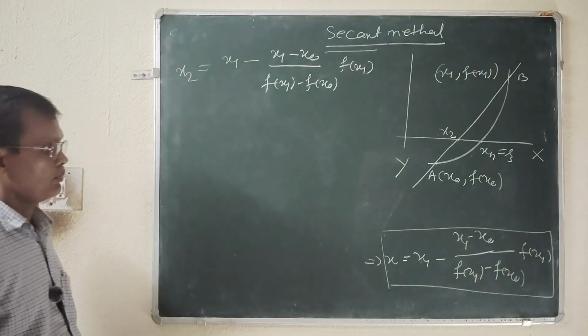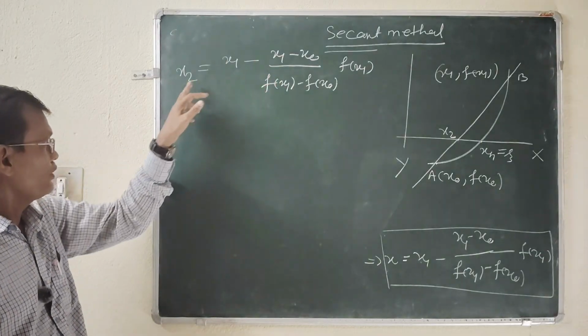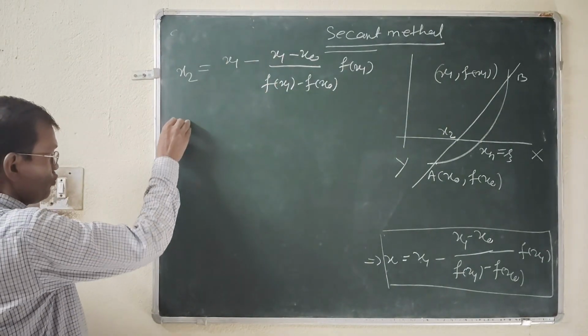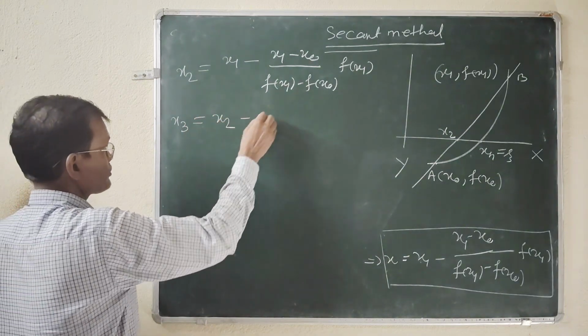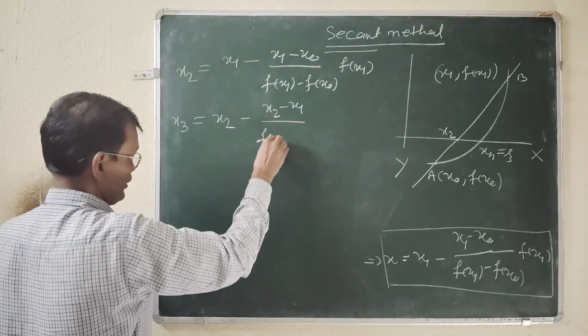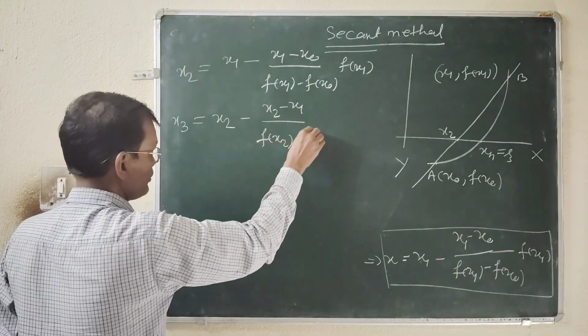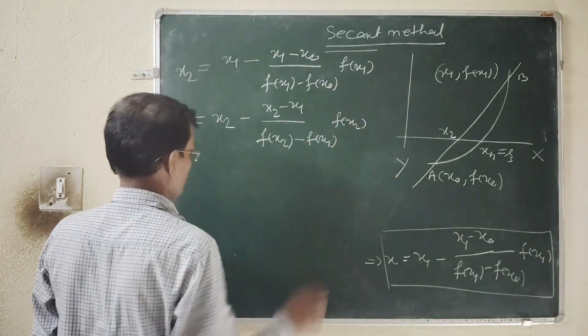This is the formula for the secant method. If using x0, x1 we get x2, similarly we can find x3 is equal to x2 minus (x2 minus x1) by (f(x2) minus f(x1)) into f(x2).